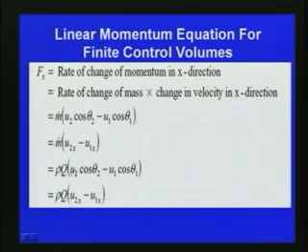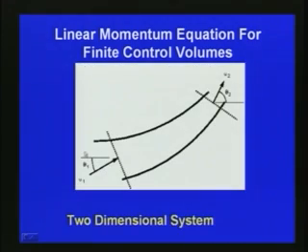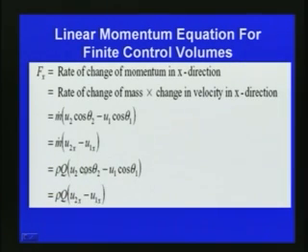Writing m dash as the density into the discharge which flows through the control volume, Fx is equal to rho q (u2 cos theta 2 minus u1 cos theta 1), which is rho q (u2x minus u1x). So, for the two dimensional case, the force in the x direction is equal to the rate of change of momentum in the x direction.